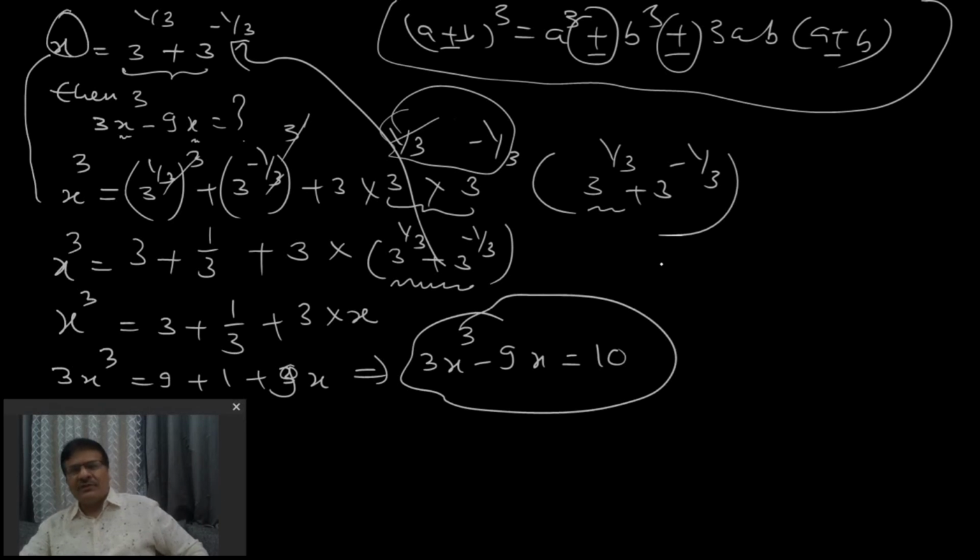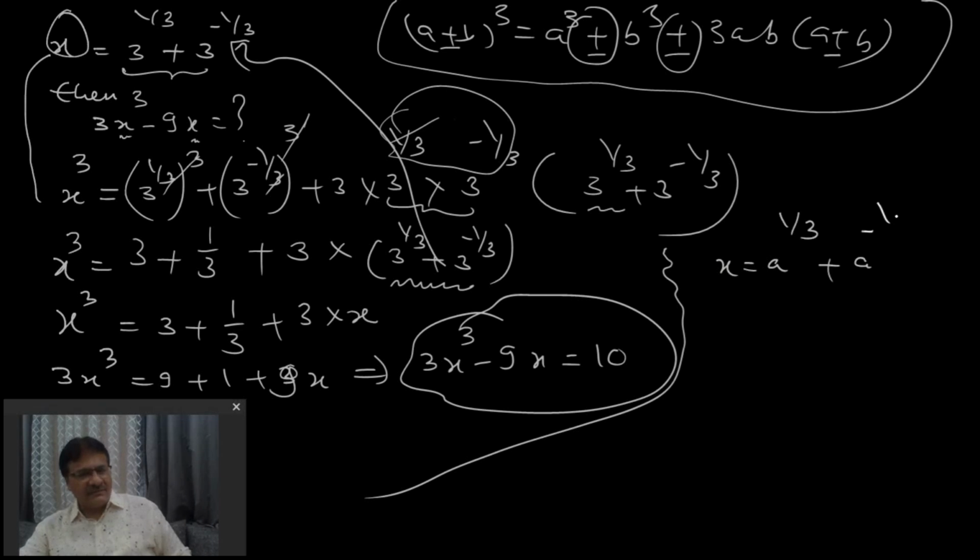Now I am giving you one formula. Next time if you find such a question, you don't do all these things. If x equal to a to the power 1 by 3 plus a to the power minus 1 by 3, then do remember one thing: x cube minus 3ax equals a square plus 1.